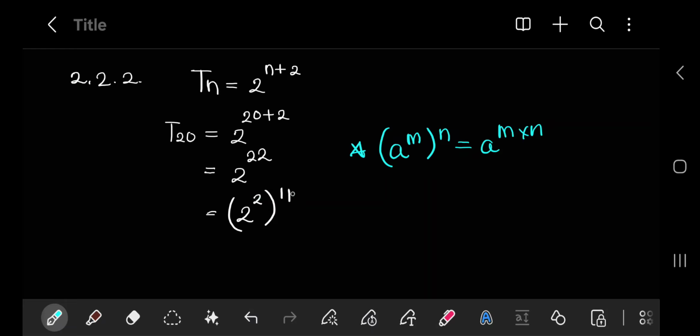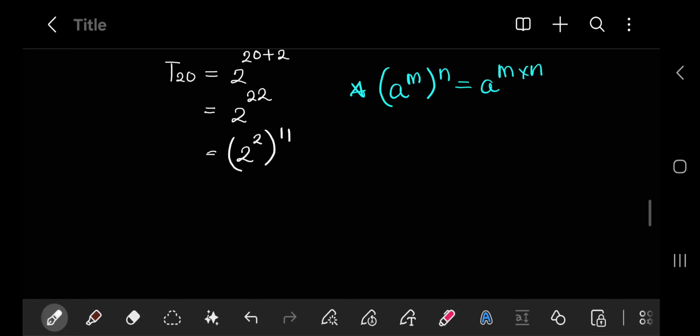So if I take 2 times 11, I get 22. All I've done is I've broken down that exponent of 22 as 2 times 11 so that I can achieve this base of 4. So T20 is the same thing as 4 to the power of 11. And we are not going to get a value for that because the question specifically said write your answer as a power of 4.